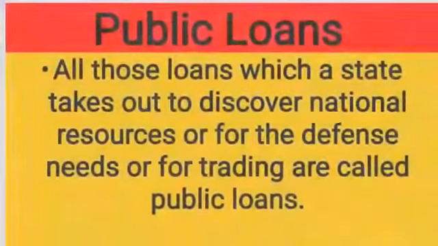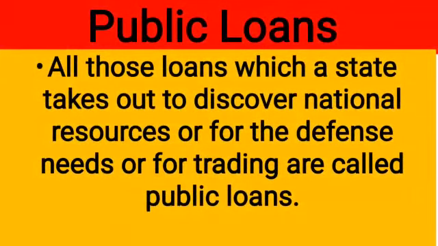So, students, if we talk about public loans, guys, these are all the loans which a state takes to discover national resources, and also for defense purposes and for trading purposes. These loans which the government gets from other countries to fulfill the demands of its public are called public loans. And guys, these loans are directly for the favor of the public.